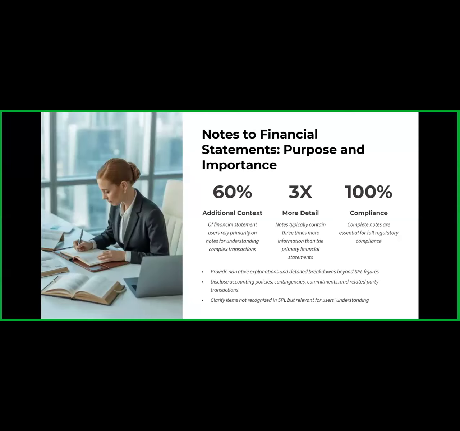If the notes are missing, then the reader is in a confused state. He is having half information, he may have misguided information, and on that basis he will take the wrong financial decisions.